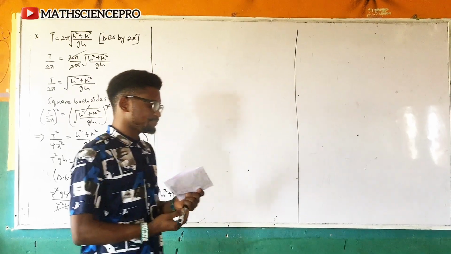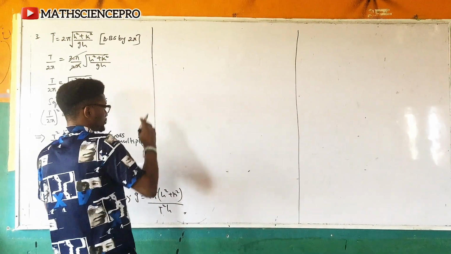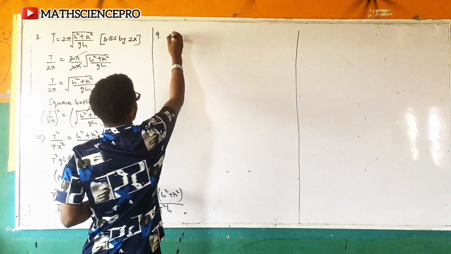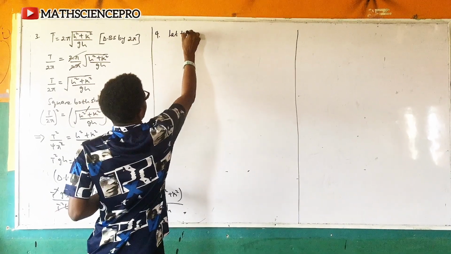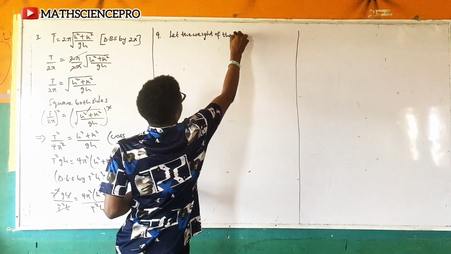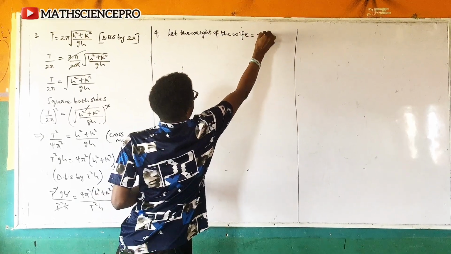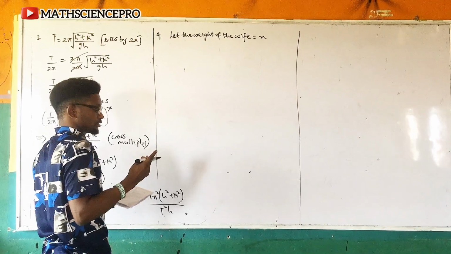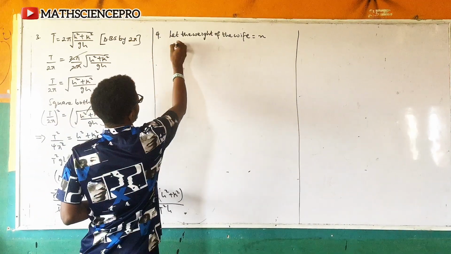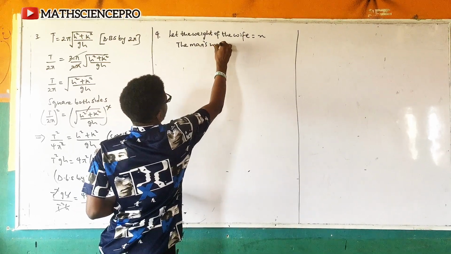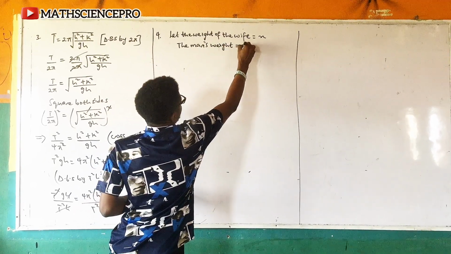So now let's begin this way, and let the weight of the wife be x. Because we're certain according to the question that the man is 3 greater than his wife in terms of the weight, it means the man's weight is going to be x plus 3.